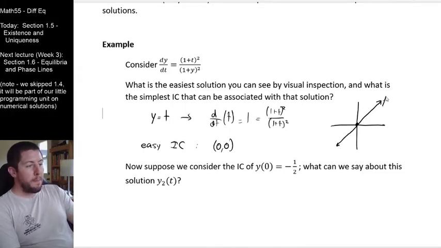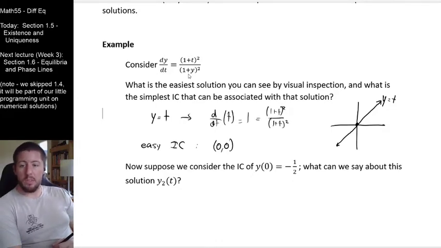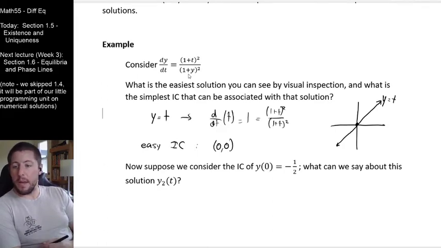And what an awesome bounding solution this is right here. And by the way, we do have a continuous derivative as long as y is not equal to -1. So it looks like that's a point of concern here, but we're not going to deal with the point y equals -1. So it's continuous everywhere but there. And when we take our derivative, we're going to get that same feature that everything but y equals -1, it seems like we're guaranteed existence and uniqueness.